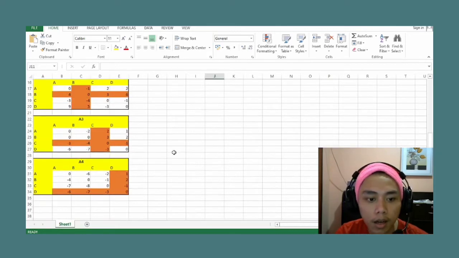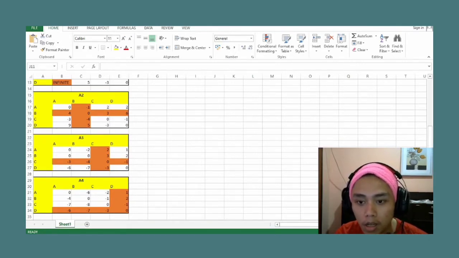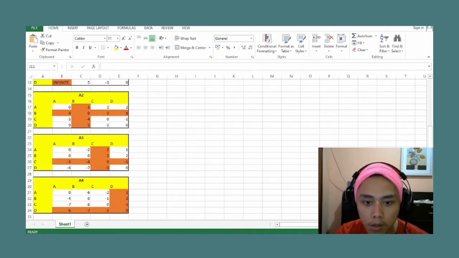And then in matrix 3, the vertex C will remain unchanged. The self-loops, or the same letters, are zeros. These are AA, BB, CC, DD. A to B is equal to -2, which will replace the previous value -1. A to D is equal to 1, which will replace the previous number 2.